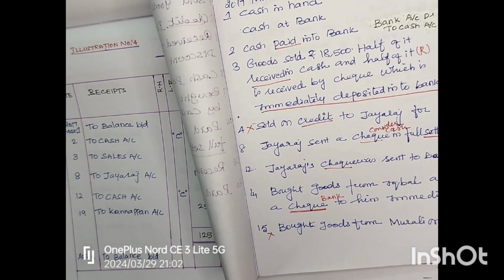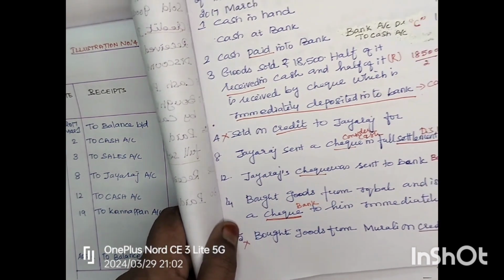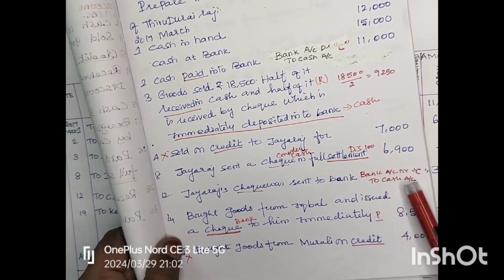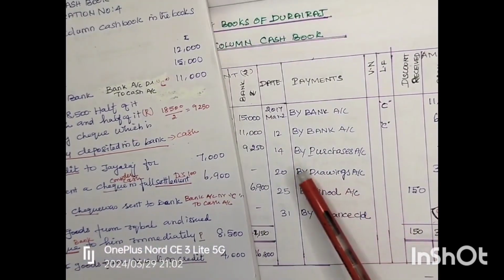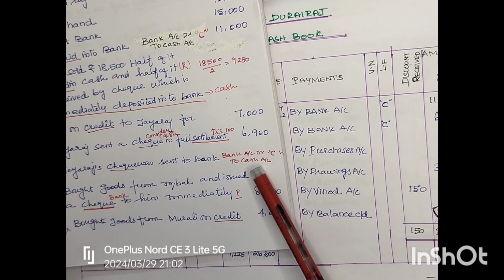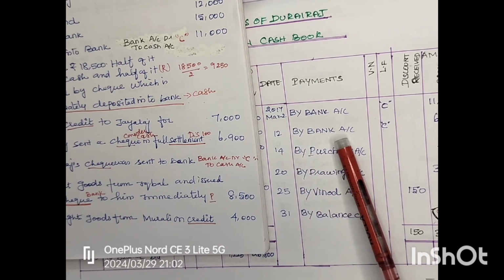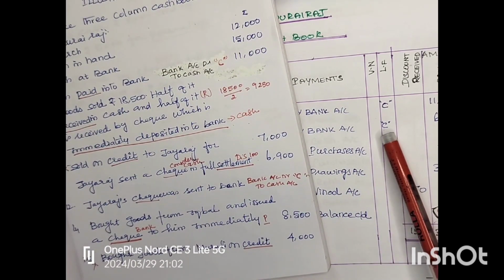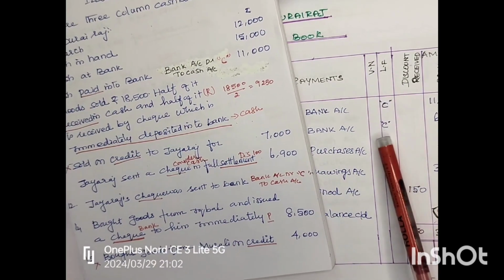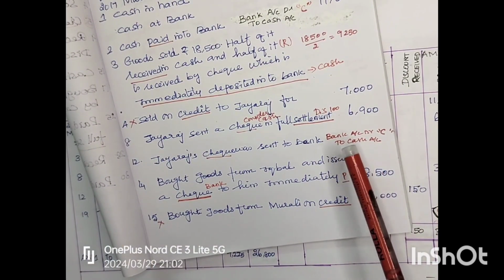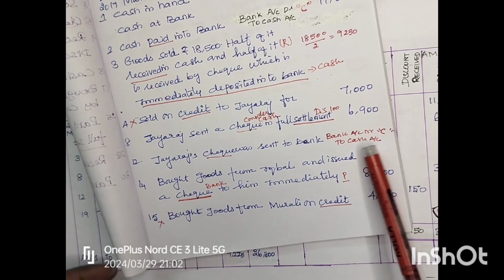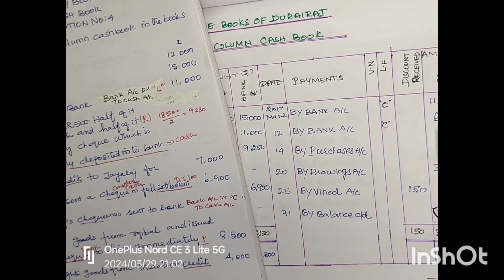Now on the credit side, cash goes out, so cash account decreases, and we go to the credit side. What is the credit side? Dated on 12. What is the opposite account from the cash account? Bank account. So you write by bank account, and the letter C in the LF column. To cash account means you enter that 6,900 rupees on the cash column on the credit side. 6,900 rupees is entered. Are you clear?